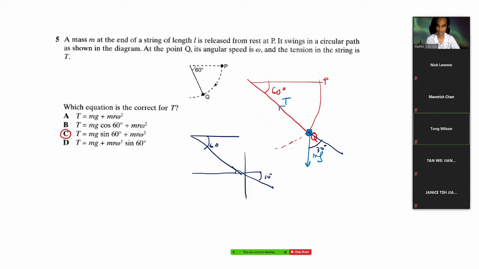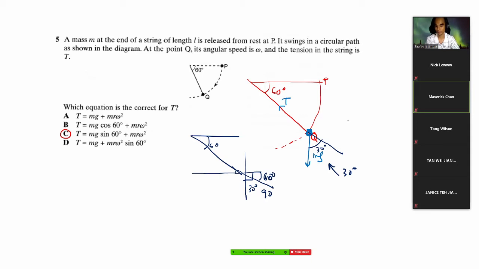Pointing downwards we have 90. So 90 minus 60 gives us 30 degrees. Can you see, or is the screen too small? Yes, sir. Okay, so you can see how I get 30 degrees.